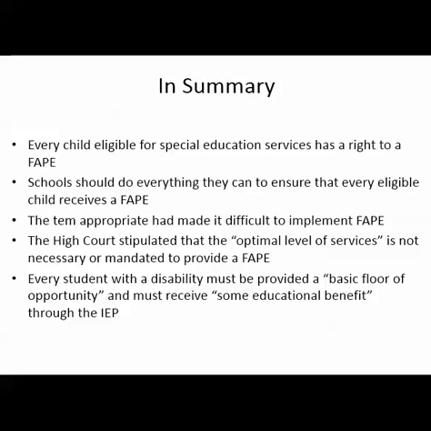You just have to provide educational benefit. Every student with a disability must be provided a basic floor of opportunity and access and must receive some educational benefit through the IEP.